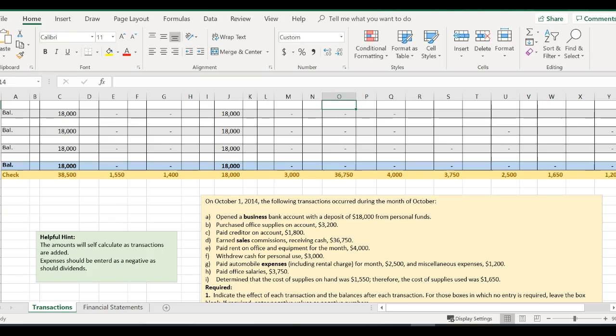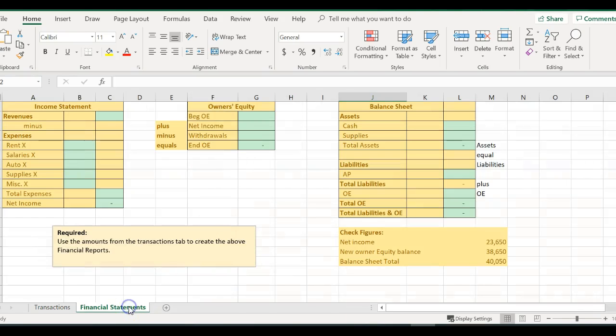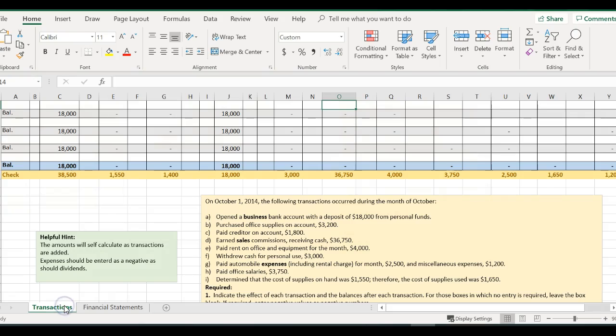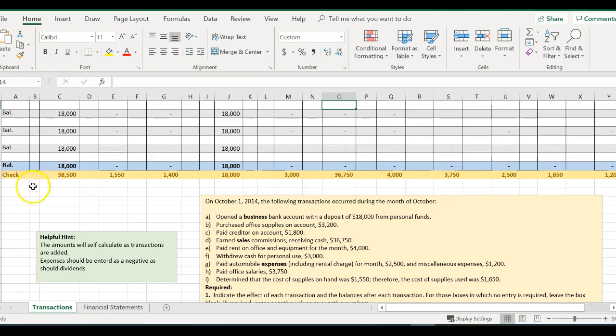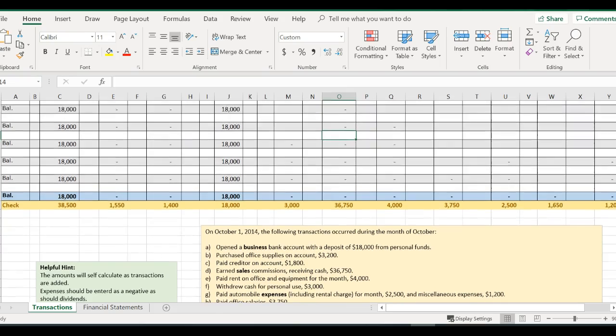And then from there, you can take this and do this, which are the financial statements. So you're going to use the amounts that you come up with here on the financial statements and try to create that. Now please note on this, see these check figures? When you get all done with this, these numbers should match up here. So bear with me as we go through this.